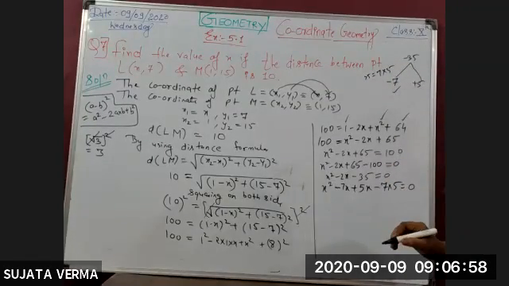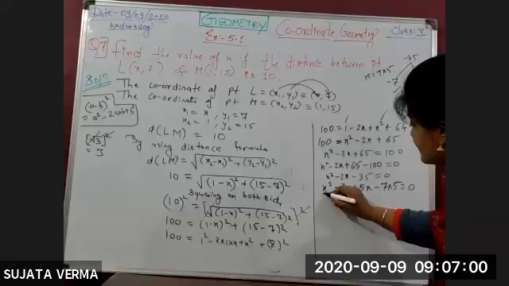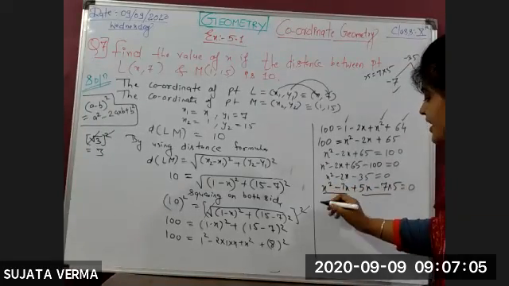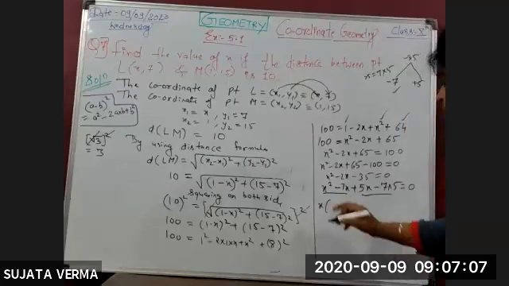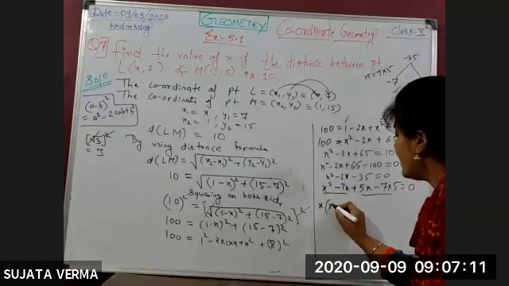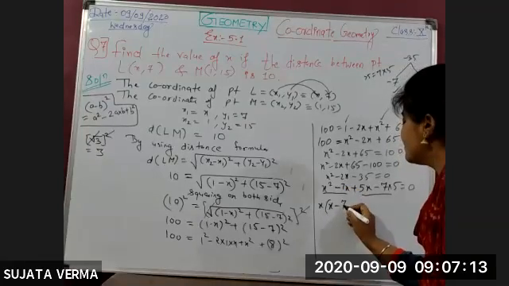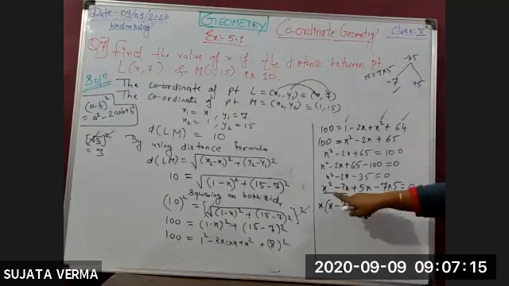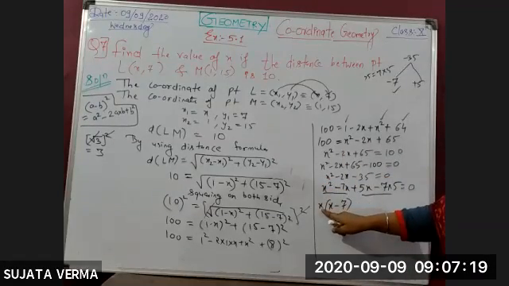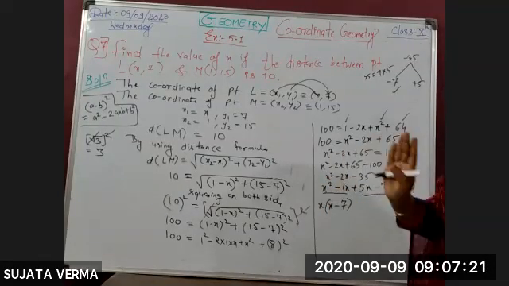Now what do we get? We have to take common from these 2. In this, we get x common. When we take x as common, then we have x minus 7. So listen. x square means x into x. When we take x as common, then what remains? x is remaining.